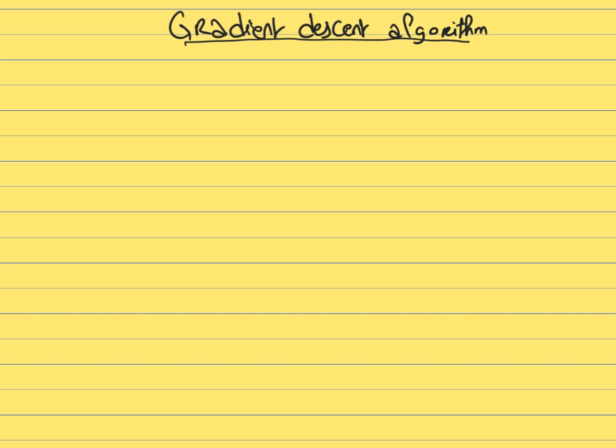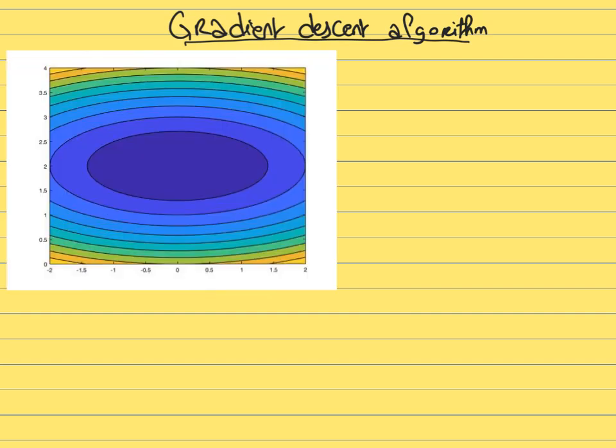For example, you're trying to find the condition that gives you the minimum cost for something. In this case, you're trying to find the values of the parameters of the model that would give you the minimum mean square difference with the true data, so the minimum of the cost function. So the way this algorithm works is as follows.